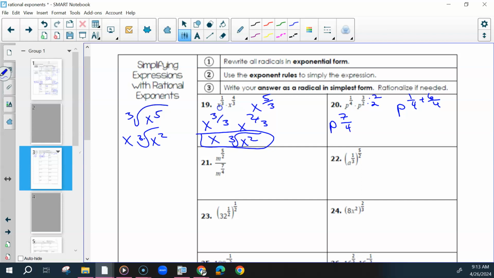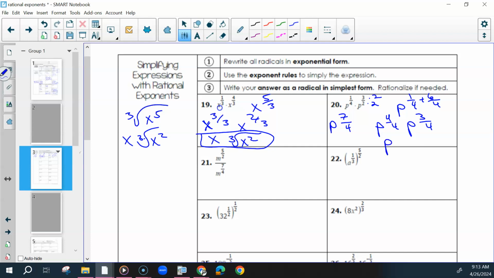And then using one of these methods, I'm just going to keep splitting it like this, but if you want to jump right into this, that's also fine. I know 4 goes into 7 once. So the first part was simplified to just be p.